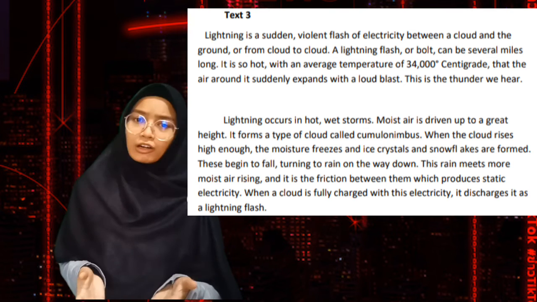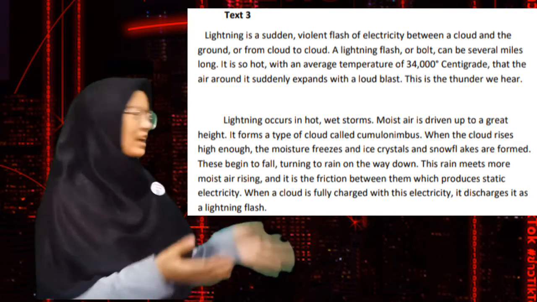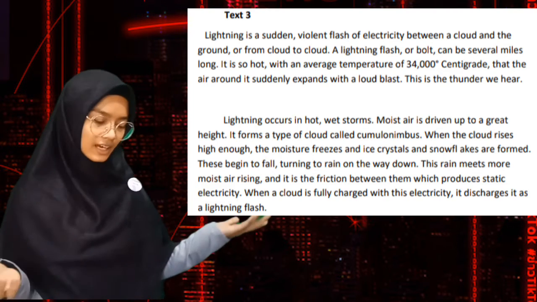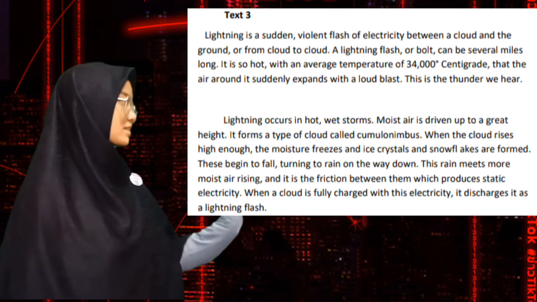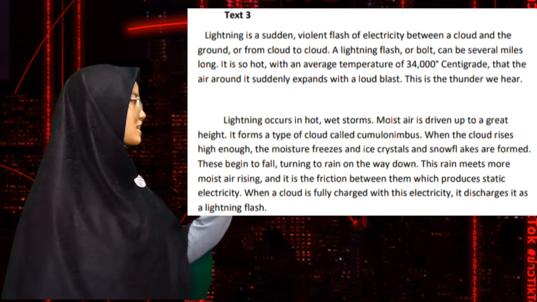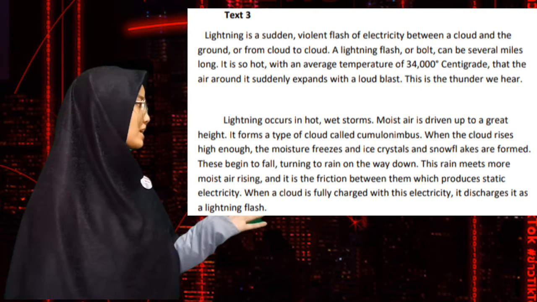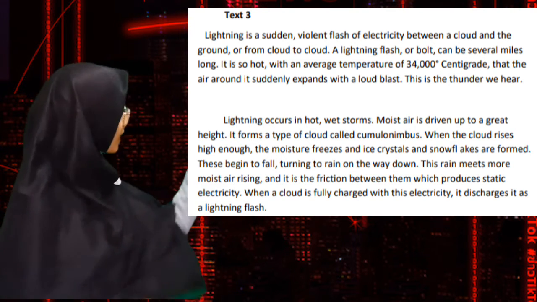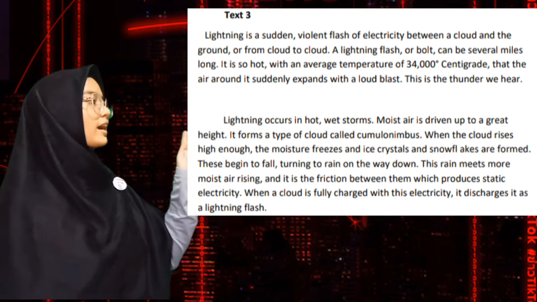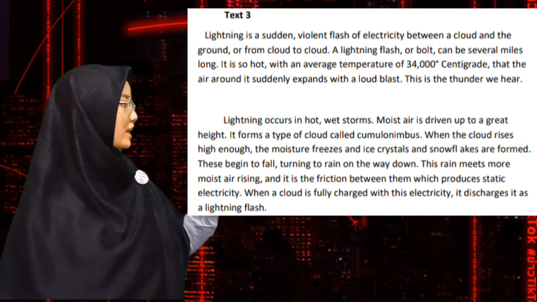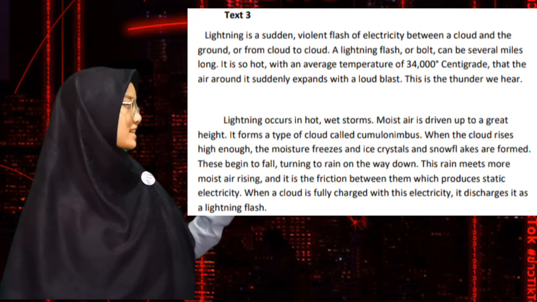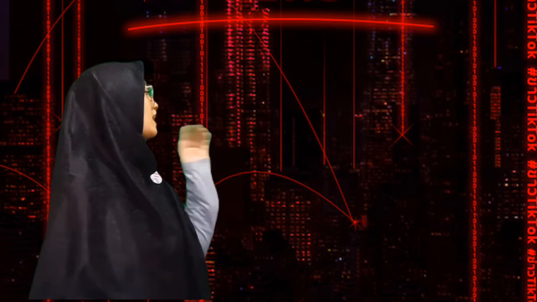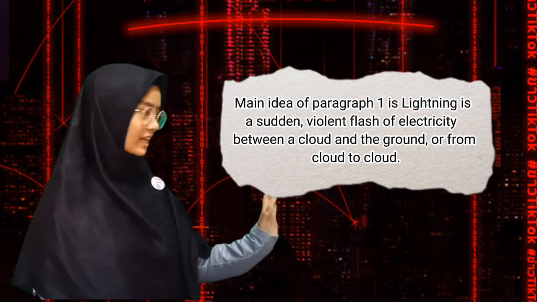Let's look at what a main idea is. The main idea is a sentence that provides the subject for discussion. It is the topic sentence. In the first paragraph, the first sentence contains the subject that the next sentences discuss. So, we can be sure that the first sentence is the main idea.